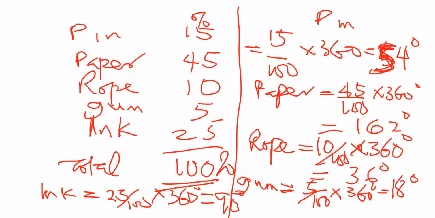This one is so direct that your addition must be 100 because it's a percent. Sometimes it may be ordinary numbers. You need to add and get a different value, which may not be 100. So automatically, you will be taking the question one by one, 15 over 100 times 360, 45 over 100 times that. So take note of that and get the idea behind it.